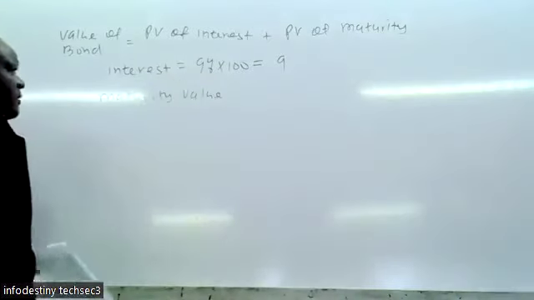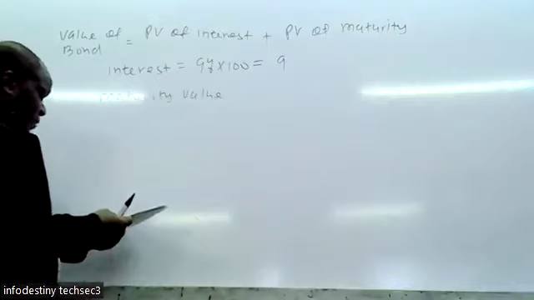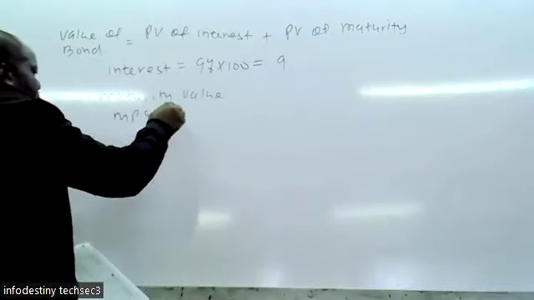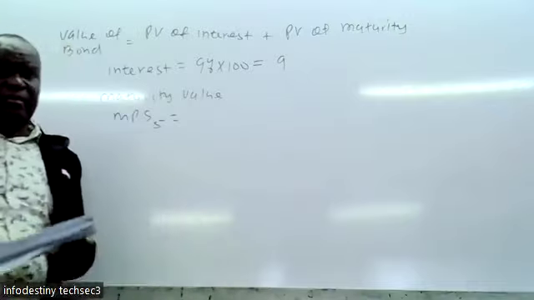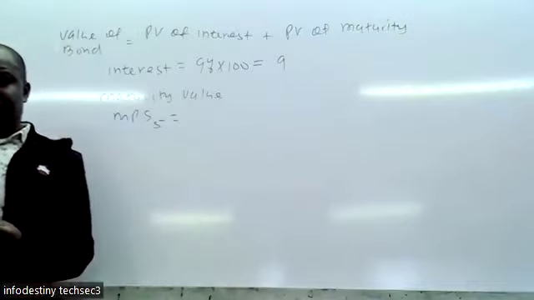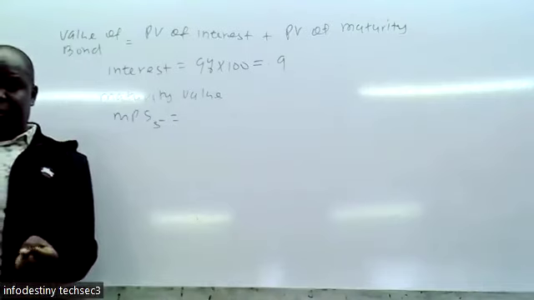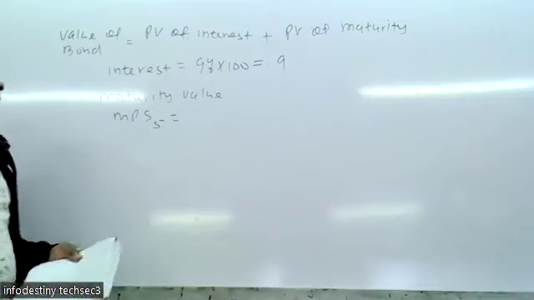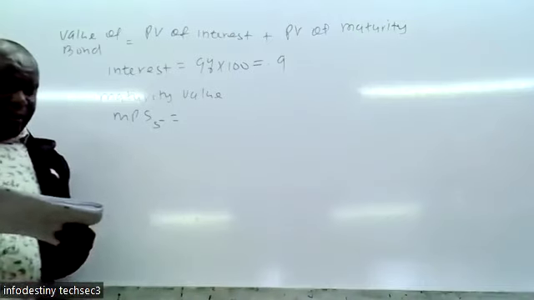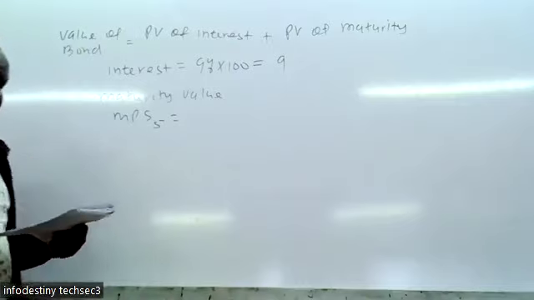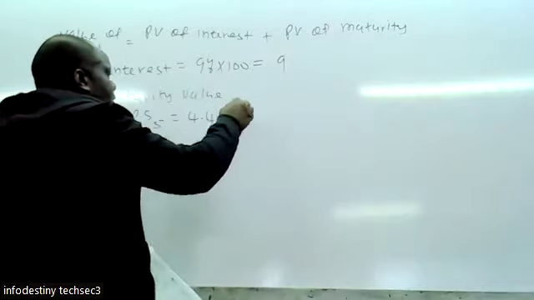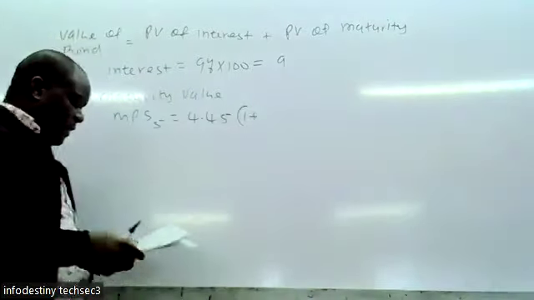To calculate the maturity value, we need to get the market price per share in year 5. We are doing the question for May 2015, question 2, part C. To get the market price per share in year 5, take the current market price, which is 4.45, times 1 plus the growth rate.